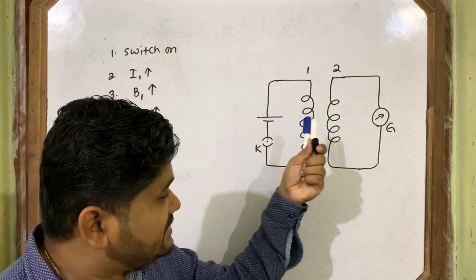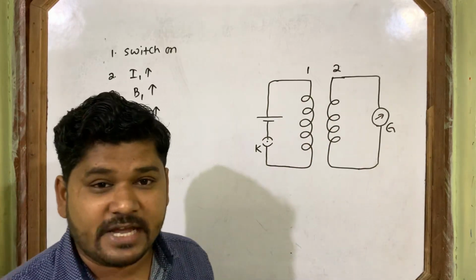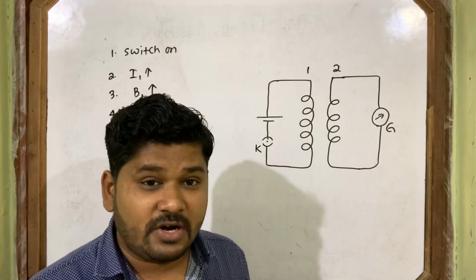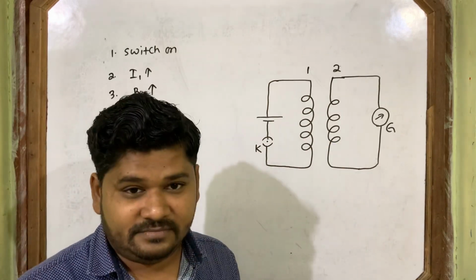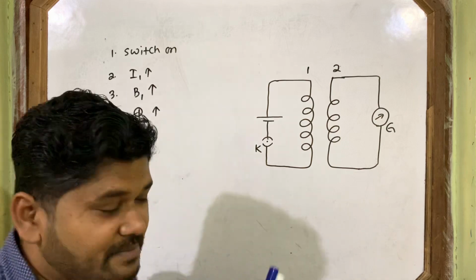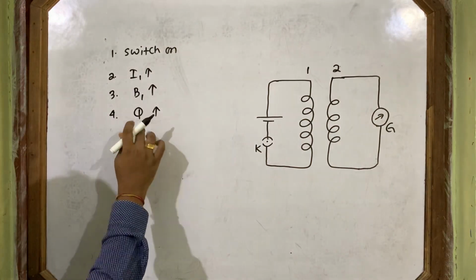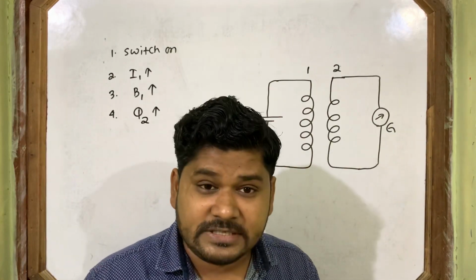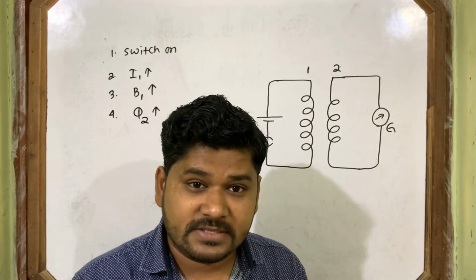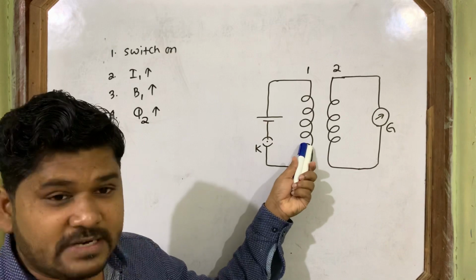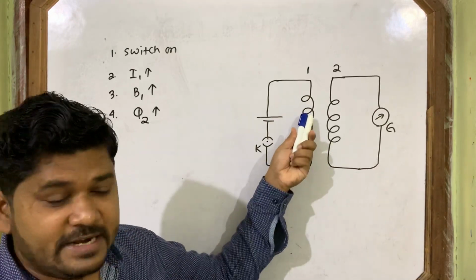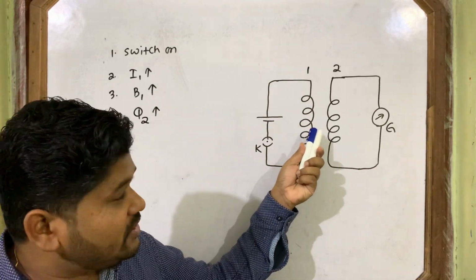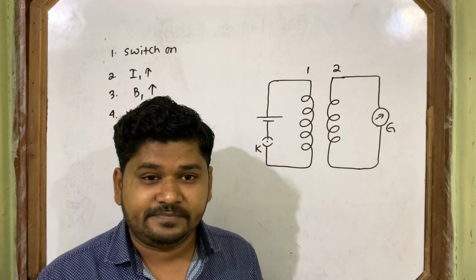But now let's see what happens to this coil, which is kept very close, its neighbor. This is the neighboring coil. So flux is linked with the second coil. Yes, because the first coil's magnetic field is present, and that also extends to the second coil.